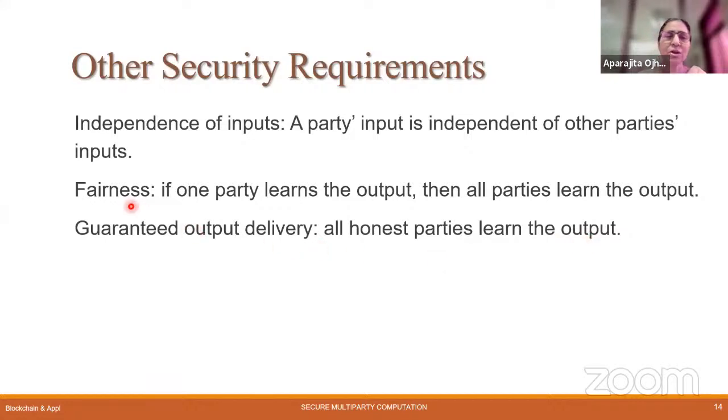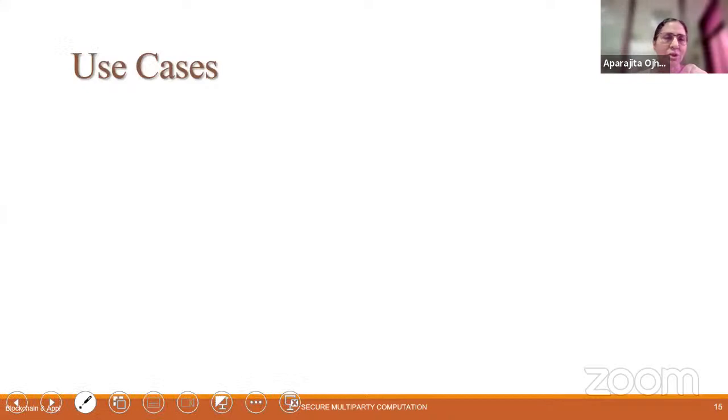So it should not happen that some of them are not getting the output and some of them are getting it. Guaranteed means one should not keep it in a loop so that the output is never revealed, right? So all these are important properties of secure multi-party computation.